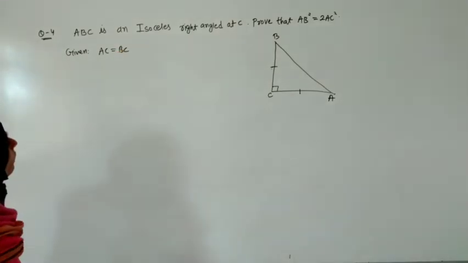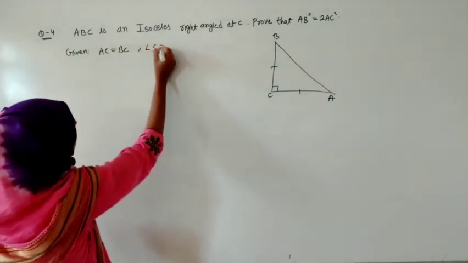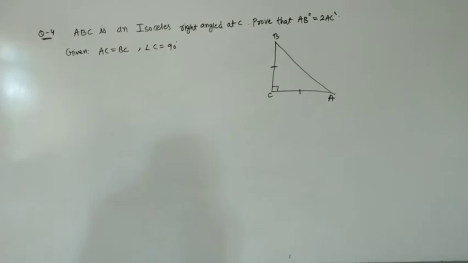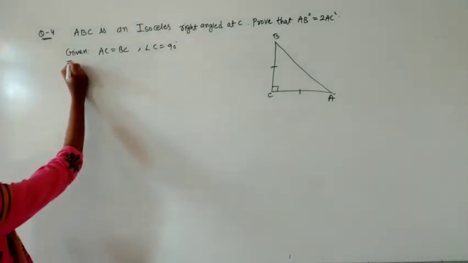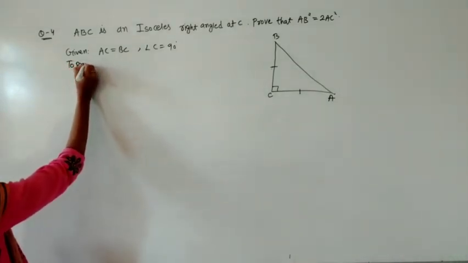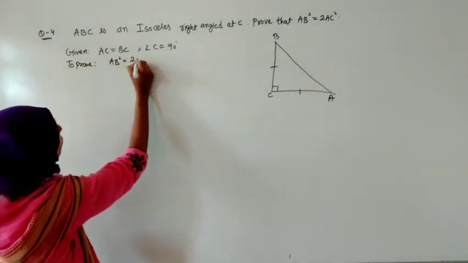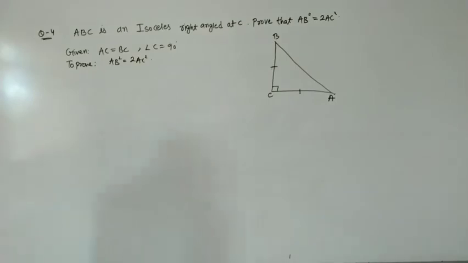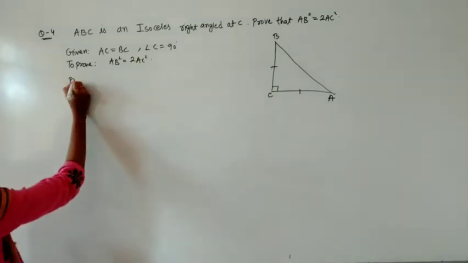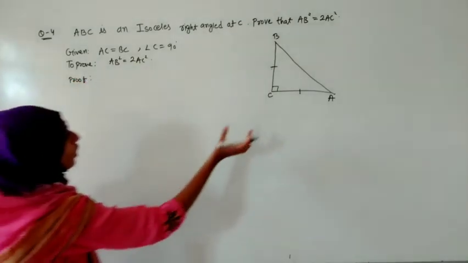That is given to us, as well as angle C is equal to 90 degrees. And what we have to prove is AB square equals 2AC square.